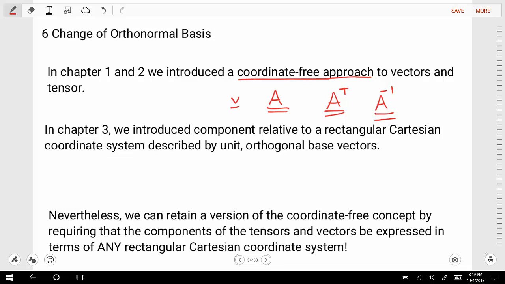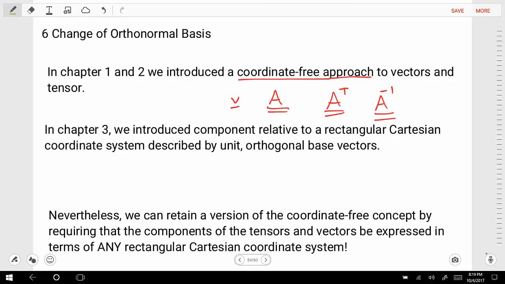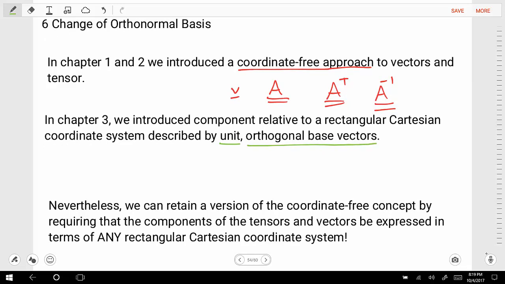In chapter 3, we introduced the components relative to a rectangular Cartesian coordinate system. And we introduced those components by describing the unit orthogonal base vectors which describe the coordinate system, describe the actual directions within our Cartesian coordinate system.